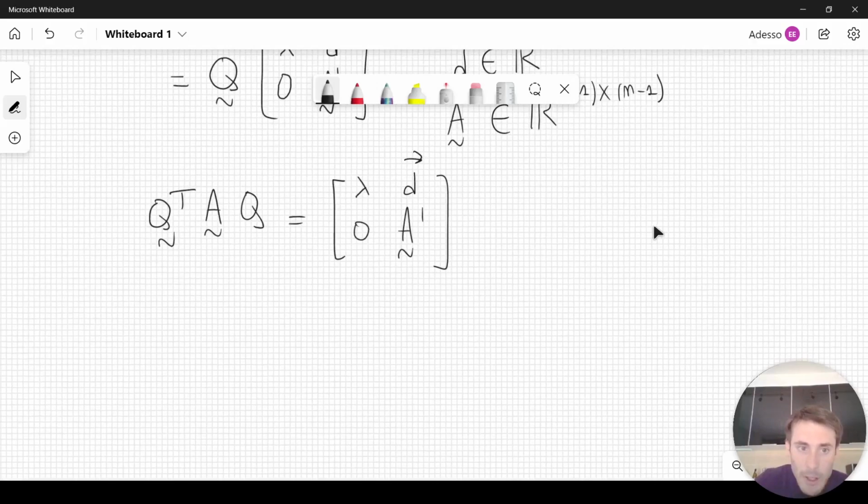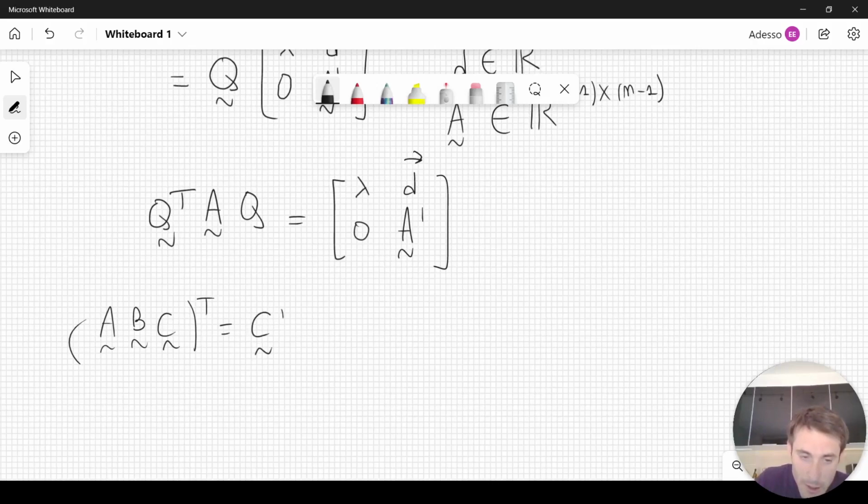Now we can take the transpose of this, and if we take the transpose of a product of 3 matrices like this, so we have A, B, C, and we take the transpose, a simple property tells us that we can rewrite this as C transpose, B transpose, A transpose. So by using this property, we can rewrite this formula like this.